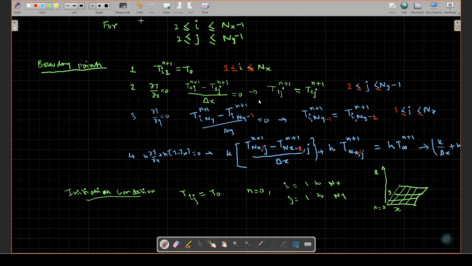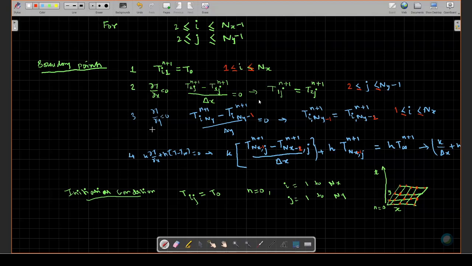At all these points, even boundary points as well as interior points, we know the solution at n equals 0. Initial conditions are known everywhere. And what are those? Everywhere it is T naught.